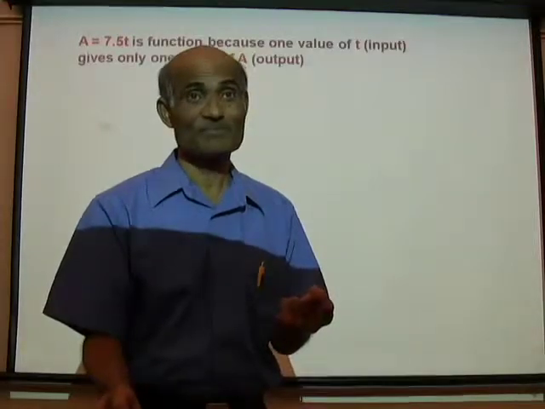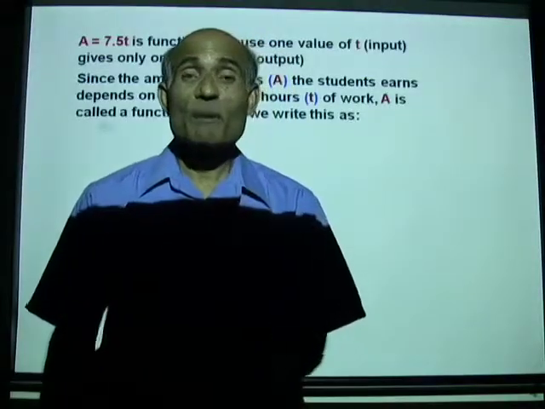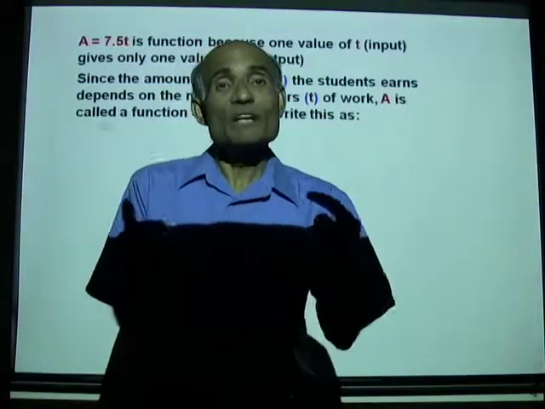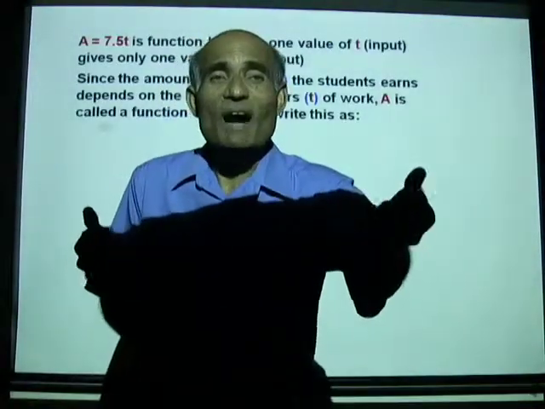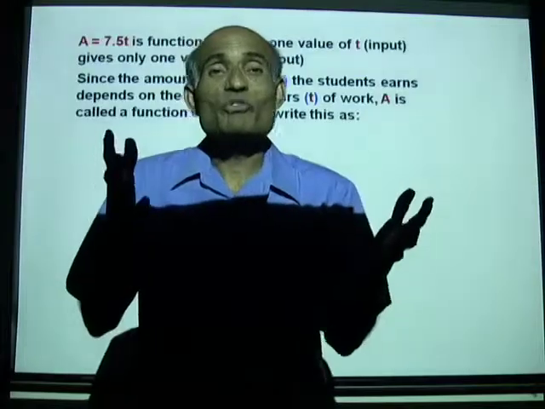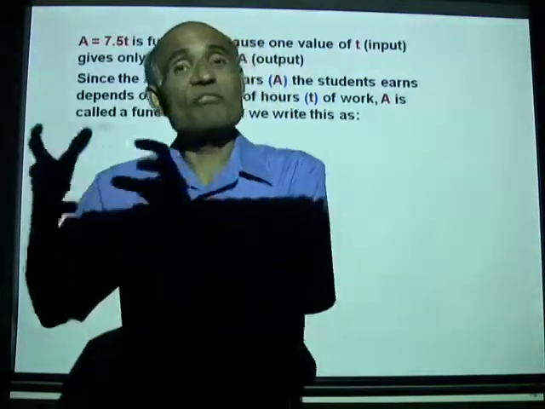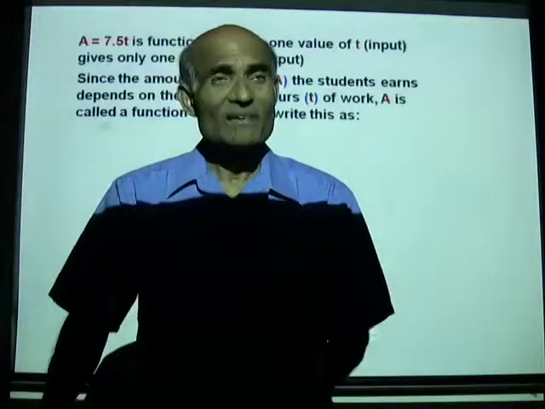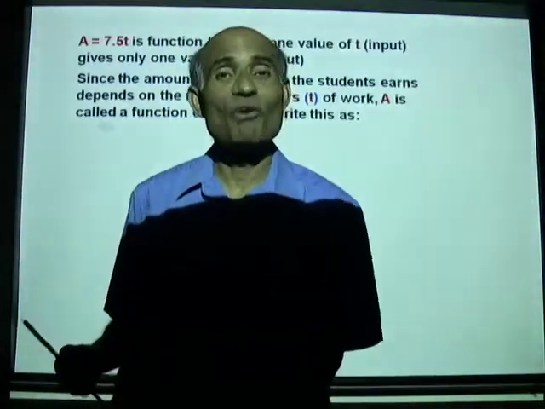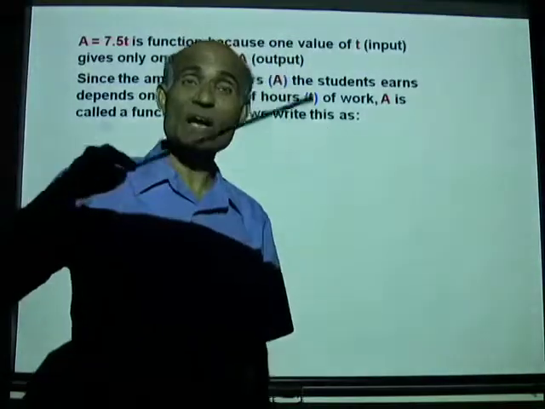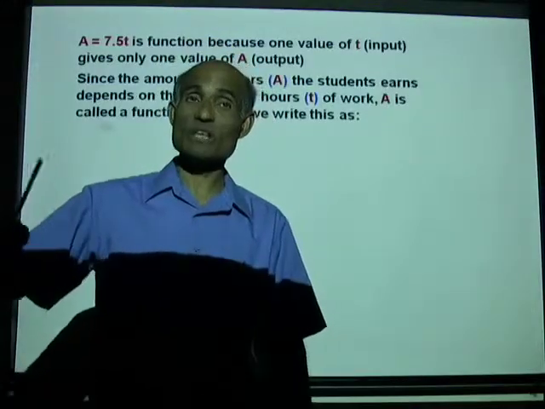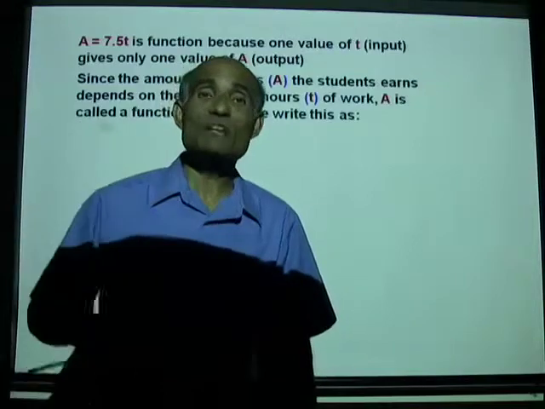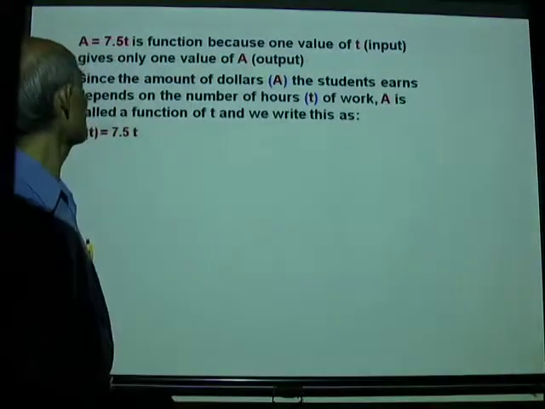Is that right? And since the amount of money the student earns depends on the number of hours the student works, we would say a is a function of t. A depends on t. That's how functions are formed in algebra. So here, a is a function of t means the amount of money the student earns depends on the number of hours the student works.